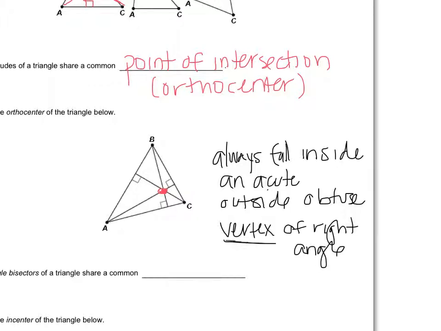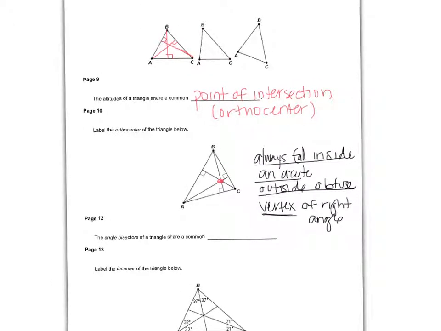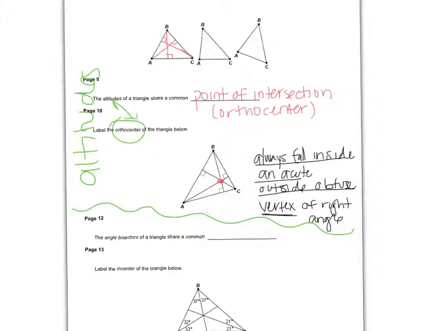So the word vertex goes in that last blank there, and it's always inside an acute and outside an obtuse. So you're going to have a question on your quiz that's going to say which of these is always inside. Well, the orthocenter is not always inside. It's inside if it's an acute, but it's not inside otherwise. So again, we have a squiggle line at the end of this, and that means that everything in this section right here has to do with altitudes. So orthocenters and altitudes go together.